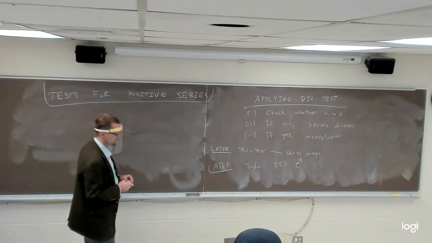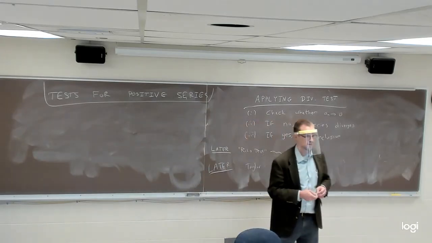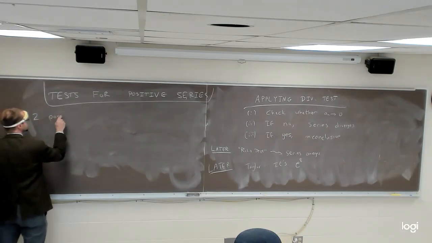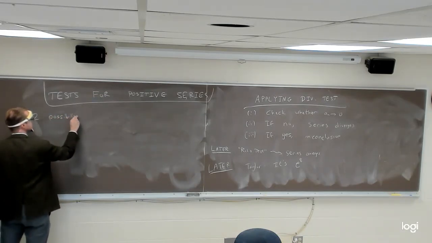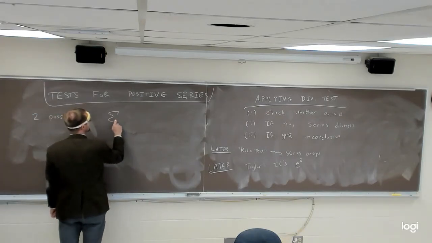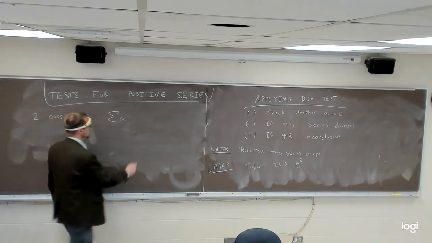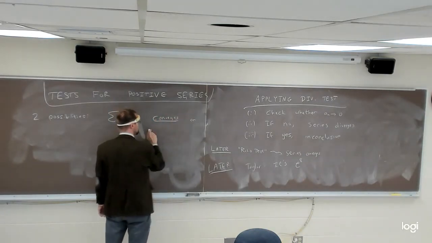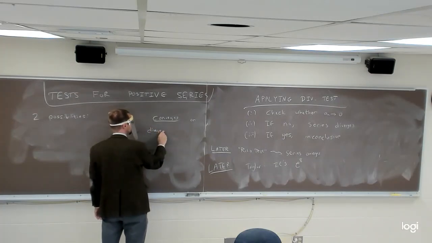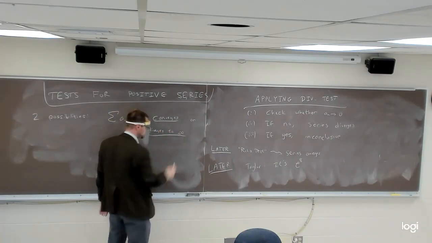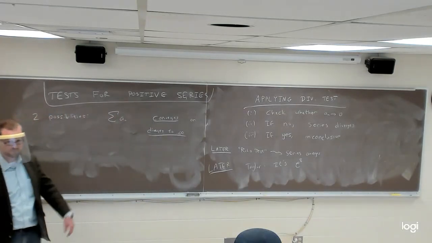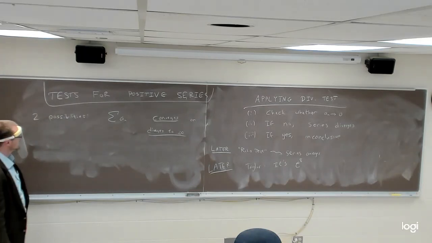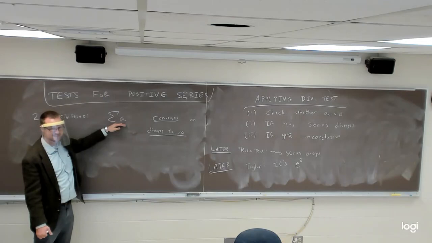For positive series, there's only 2 possible outcomes instead of 4. So if I have a sum and all the terms are positive, it either converges or it diverges to infinity. Meaning the partial sums become bigger and bigger and bigger without any upper bound.